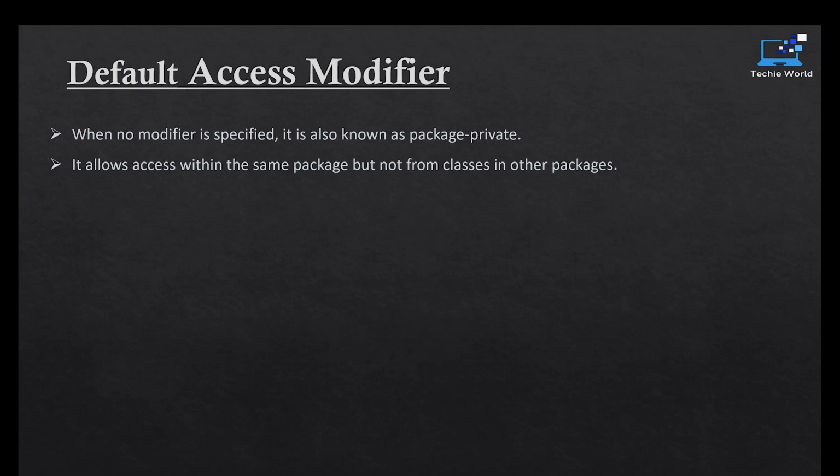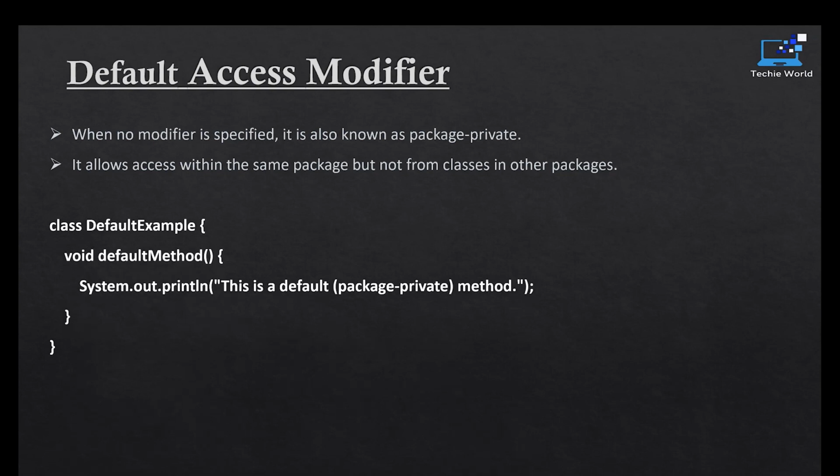Now let's have a look at this code snippet. Let us say you are writing a class default example, and there you are writing a default method where you print "this is a default package private method". If you see, you are not writing any modifier along with the class, like you would write private class default, public class default or protected class default.